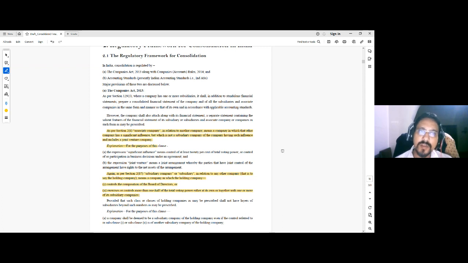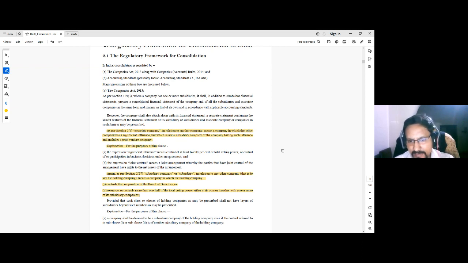Now, the expression joint venture means a joint arrangement whereby the parties that have joint control of the arrangement have rights to the net assets of the arrangement. Suppose A Limited and B Limited have entered into a joint arrangement contract, and they have built up an entity in which both A Limited and B Limited are controlling.